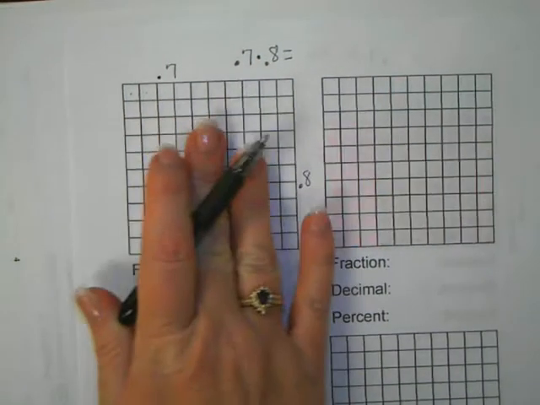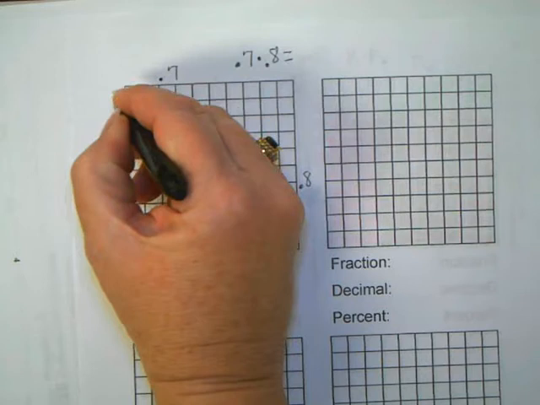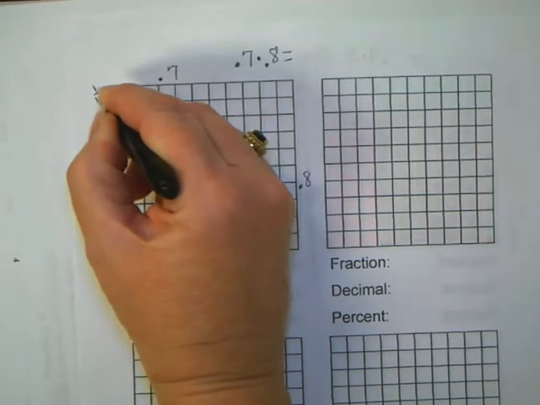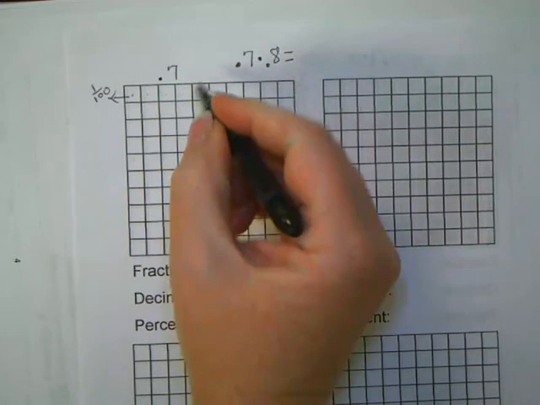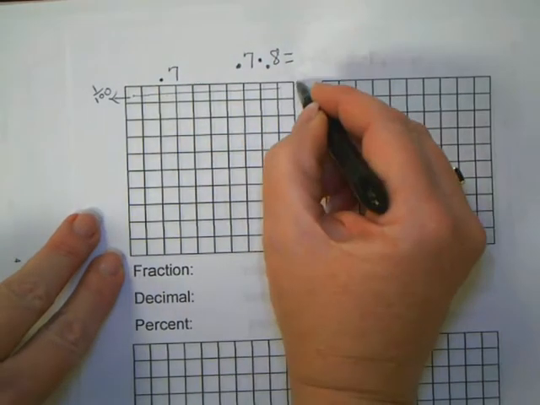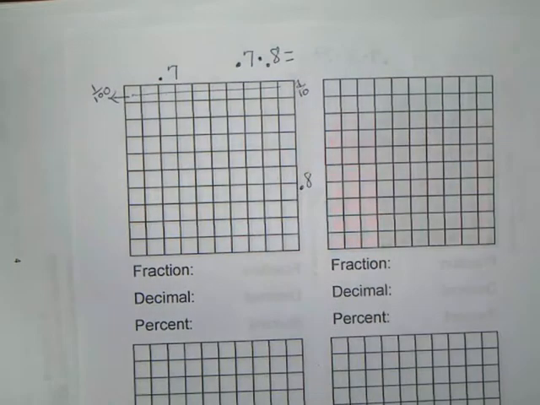So make sure you understand that there's 100 little squares. Each one is 1/100th. Each row is 1/10. And then all the rows together are 10 tenths. That's one whole.